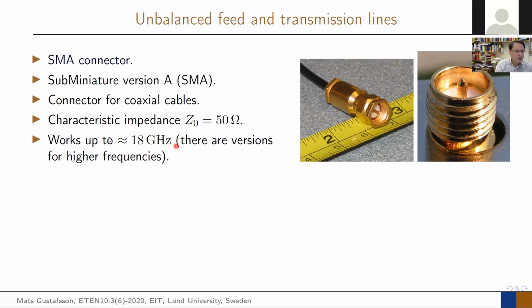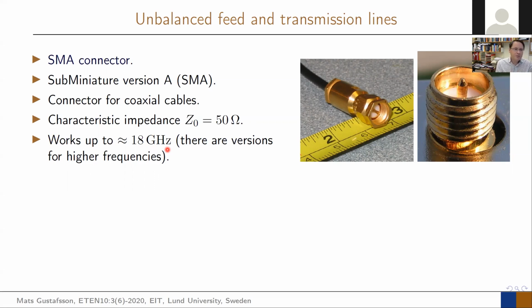The cable here, or this SMA connector, typically works for up to 18 gigahertz, but there are versions for higher frequencies. And when you go up in frequency here, you typically pay a price in that it gets more sensitive. Everything gets smaller because the frequency is higher, so the wavelength is shorter, and the losses are higher too.